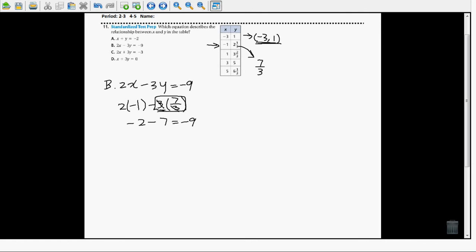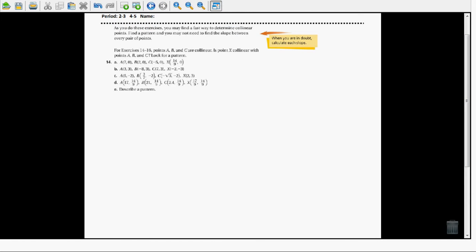Yeah, looks like it. So this point satisfies B. But that doesn't mean the answer must be B. You have to try everything. Okay? So that's B. That's 12.